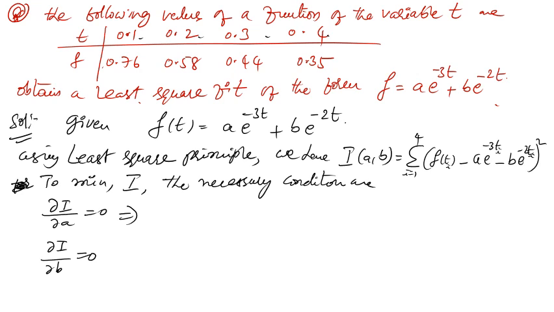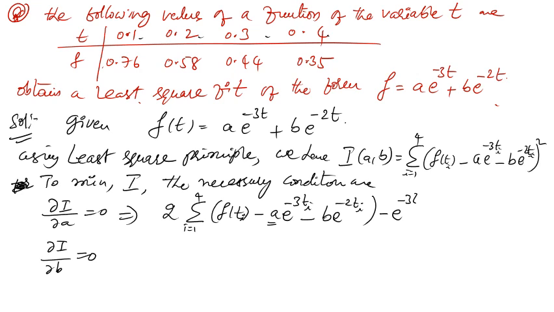So the first equation: 2 into summation i equal to 1 to 4 of f of ti minus a into e to the power of minus 3ti minus b into e to the power of minus 2ti, times the derivative with respect to a, minus e to the power of minus 3ti, equal to 0.